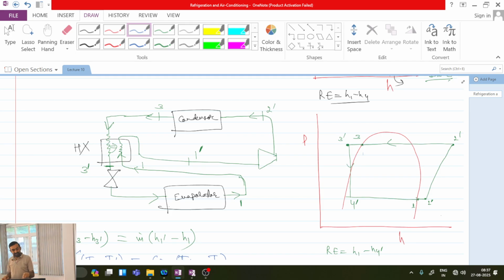But instead of this, if I cool this point from 3 to 3 dash by using only the ambient air, then rate of heat transfer will be low and area required of the heat exchanger will be high and overall weight of the system will be increasing. So this is the advantage of combining subcooling and superheating together, so that with less weight of the system we can achieve the good practical system. Is this point clear? Why subcooling and superheating is required in practical cycles?